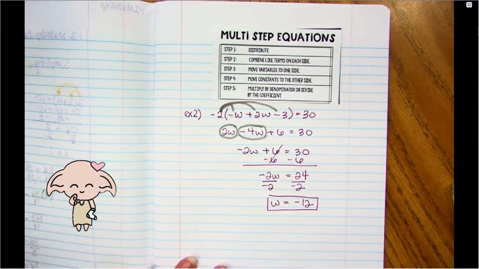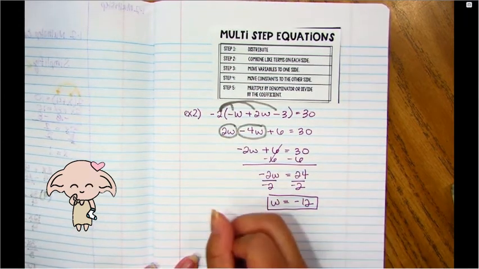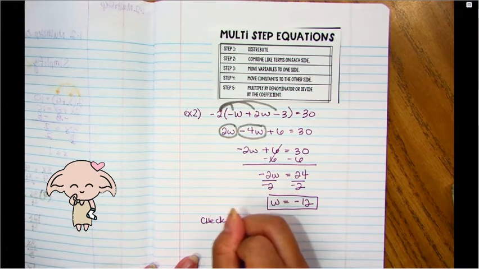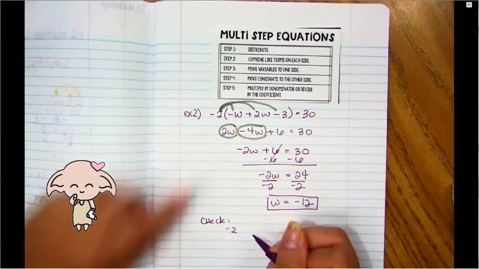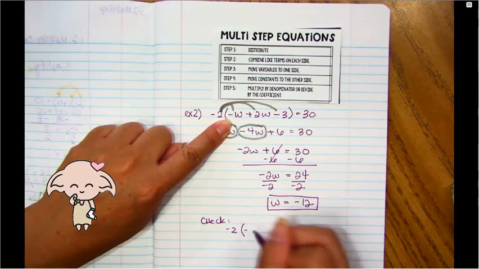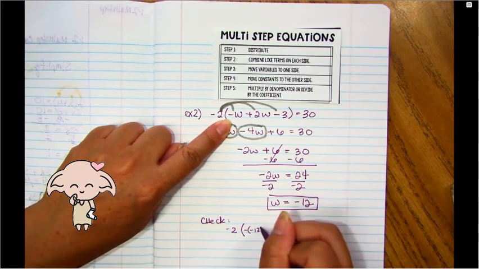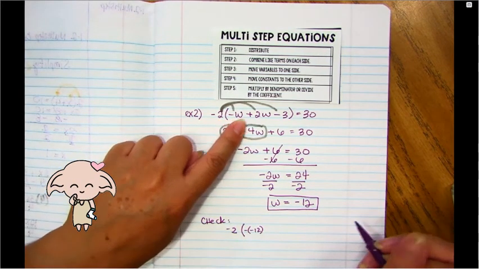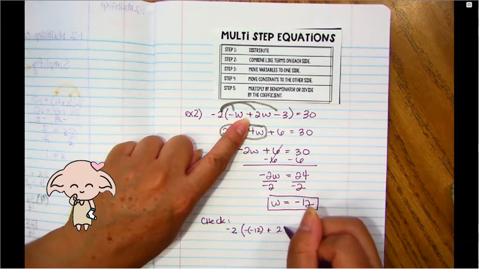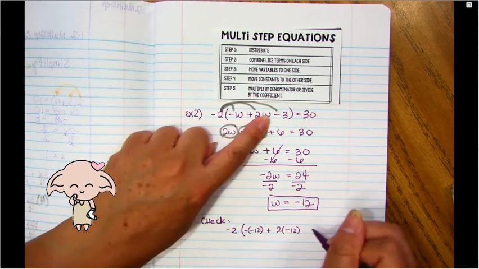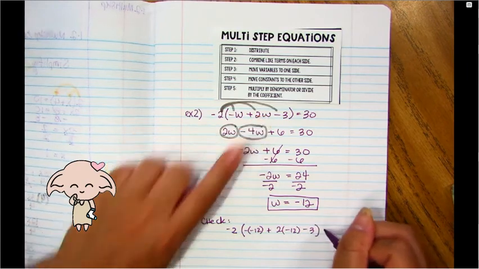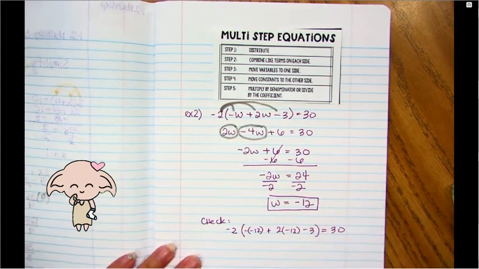And remember, we can always check our answer by plugging it back in. Negative 2 times negative negative 12 plus 2 times the negative 12 minus 3. If we simplify that, that should come out to be 30.